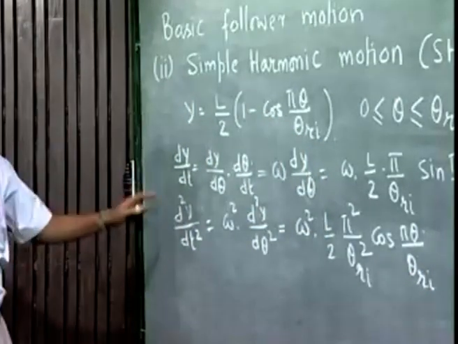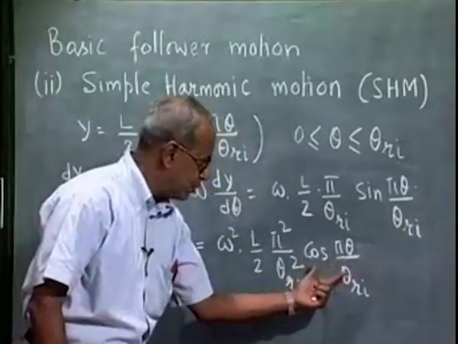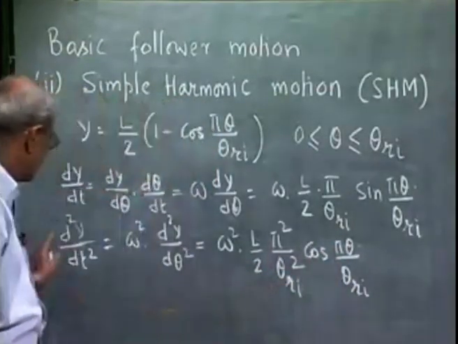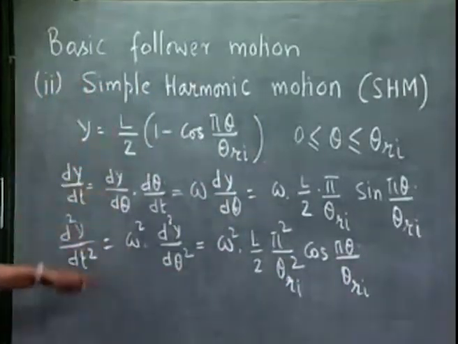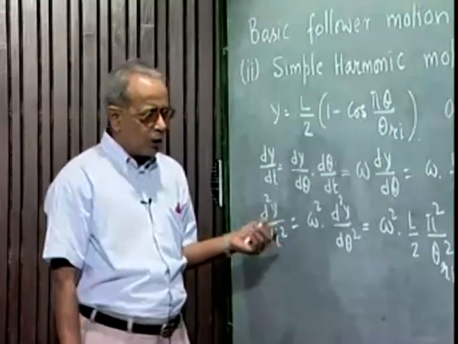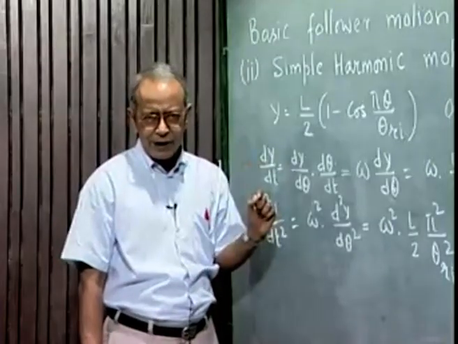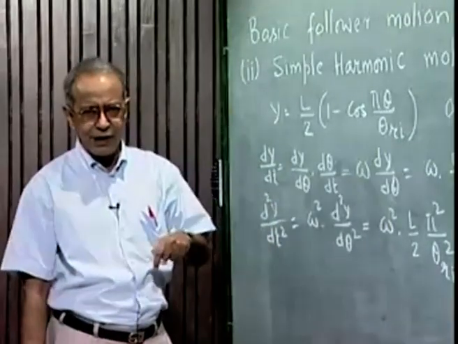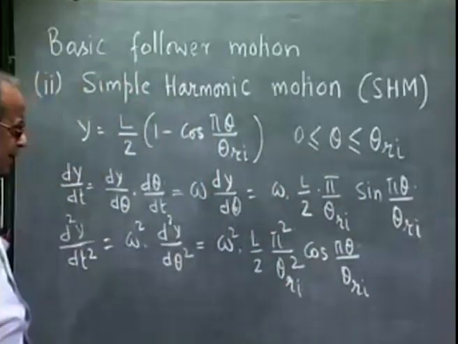So again, as we see that the acceleration, because of this cosine term, can vary only between -1 to +1, the acceleration always remains finite. So, this avoids the difficulty of the uniform motion, where we found that the acceleration goes to infinity at the beginning of the rise and again goes to minus infinity at the end of the rise. Here it always remains finite.